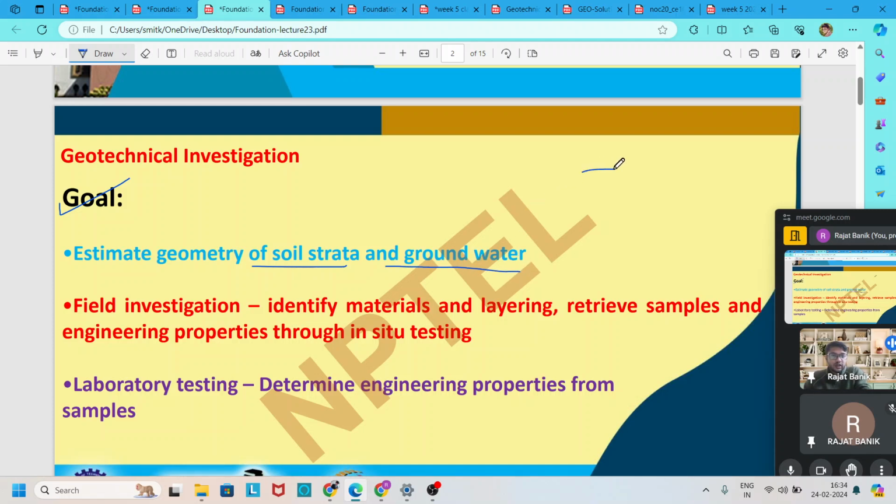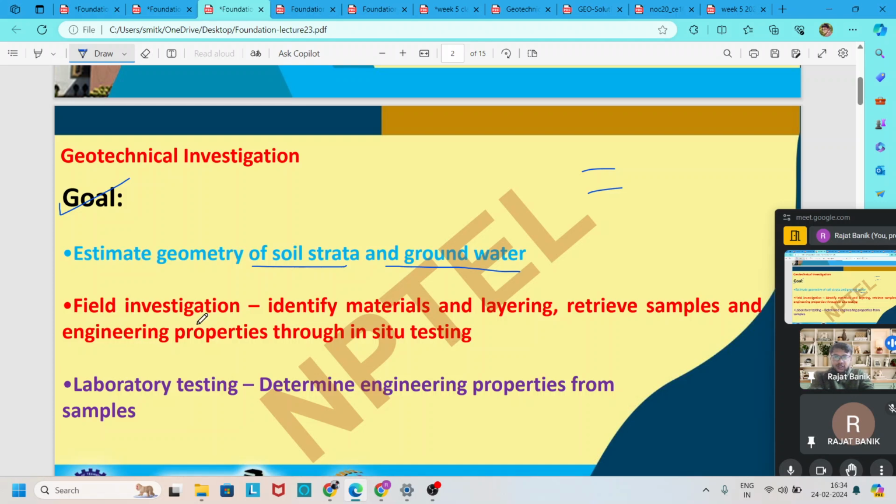So what type of soil is below the ground surface, either sandy soil or clay soil, we have to find out, and also find out the depth of the water table below the ground surface by this soil investigation method.